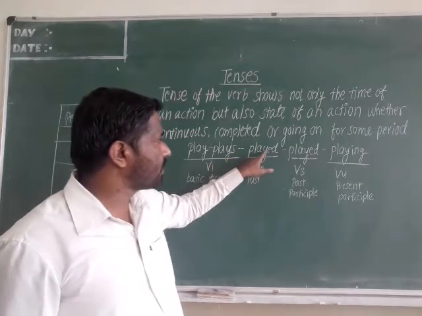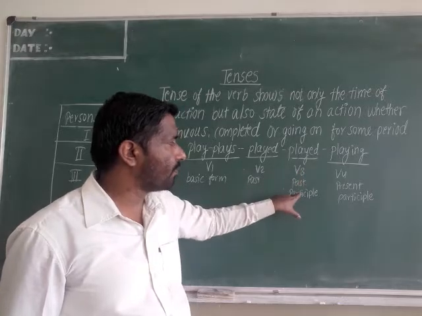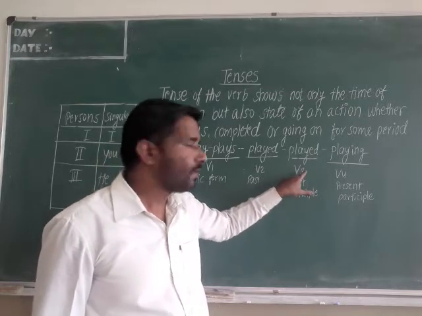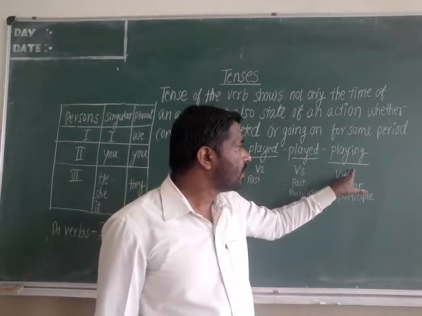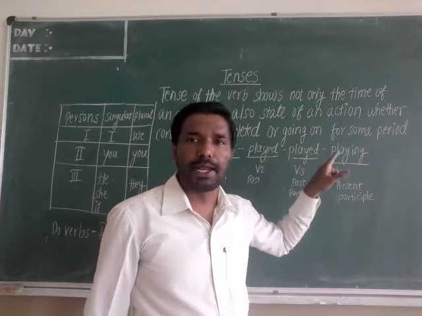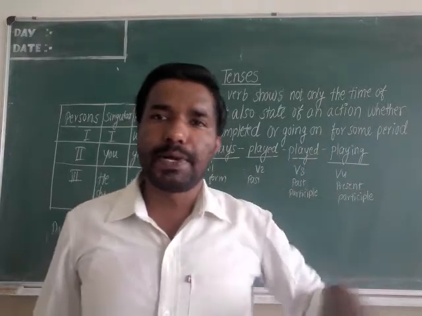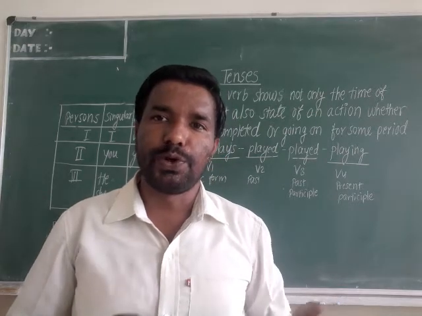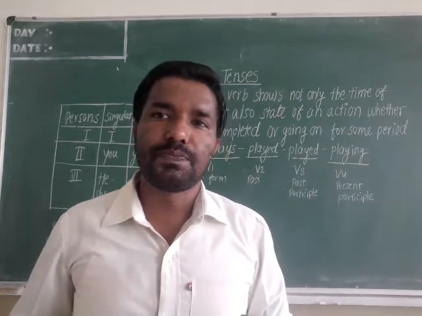After that, its past tense form is played, and participle form, we call it V3 form also, is played, and V4 form or present participle form is playing. In different sentences, we are going to use these different forms.